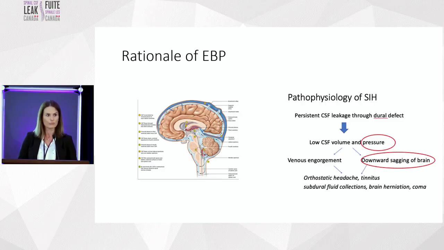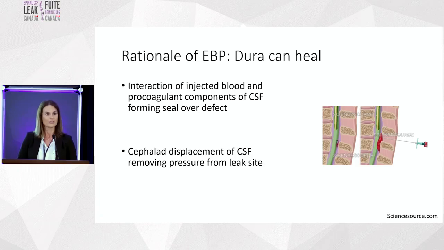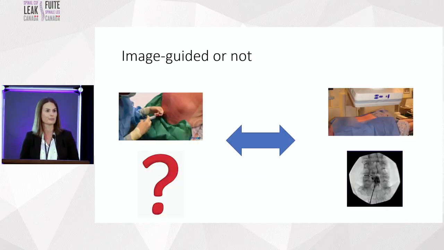Injecting a high volume of epidural blood in the epidural space normalizes the loss of pressure and volume and improves symptoms. At the same time, the injected blood gives a cephalad displacement of CSF pressure from the leak side, so the leak can heal. Also, due to interaction of injected blood and the procoagulant components of CSF, it forms a seal over the defect, again giving time to the dura to heal on itself.